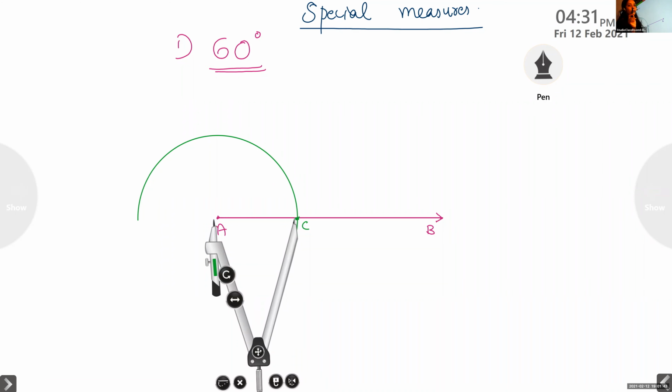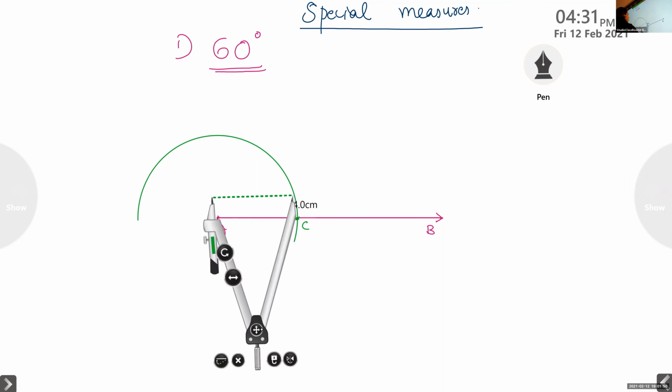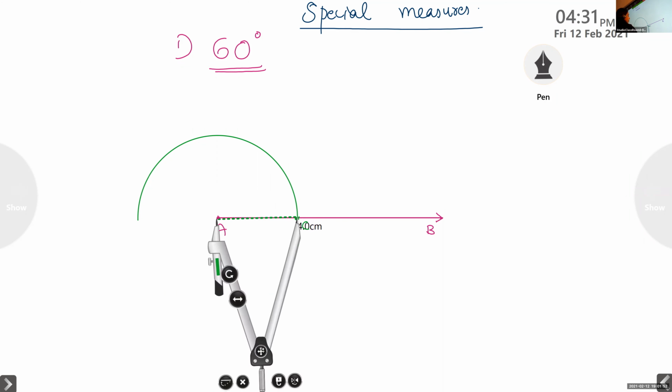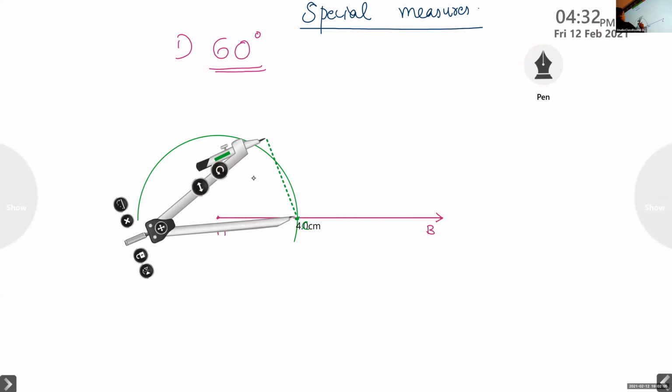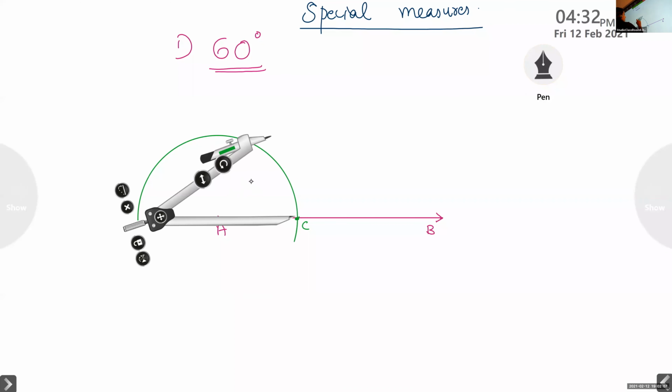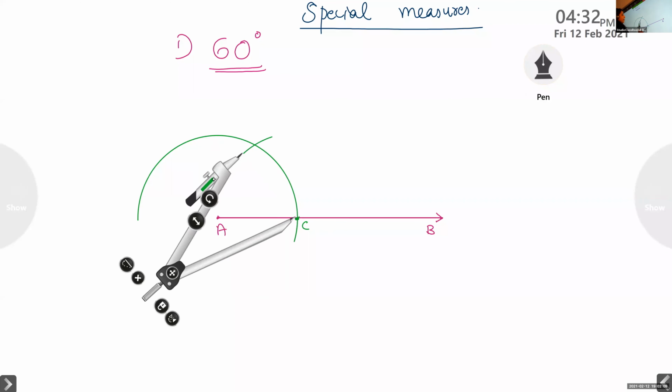You should not move your compass even a little bit, or you won't get a 60 degree angle properly. Keeping the tip at C, with the same 4 centimeter, you should cut this semicircle here.